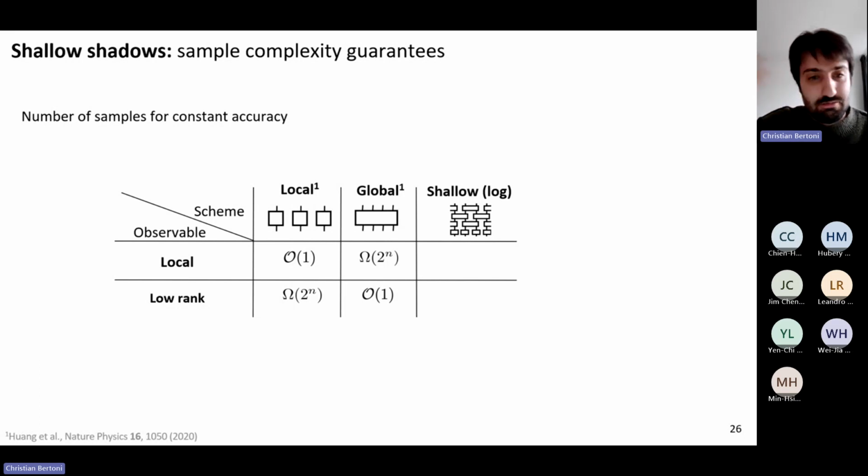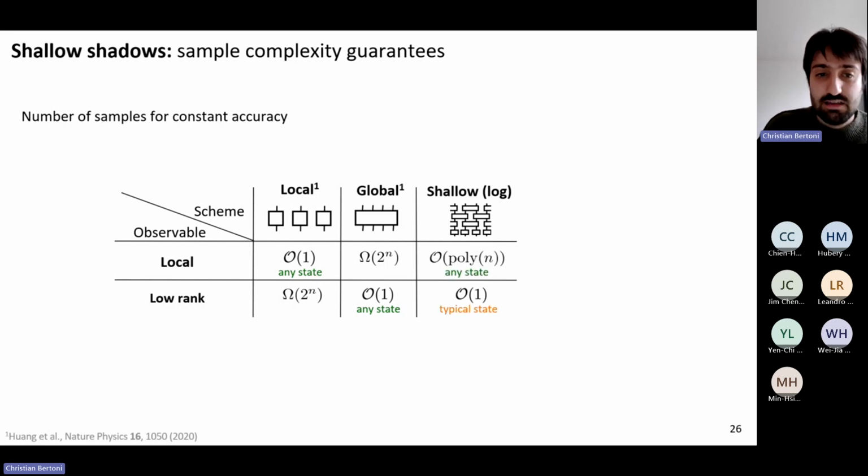And so you see here that these are sort of two extremes. And importantly, these guarantees, the upper bounds, hold for any possible state. This is a maximization over all possible states. And so this is just a function of the observable.